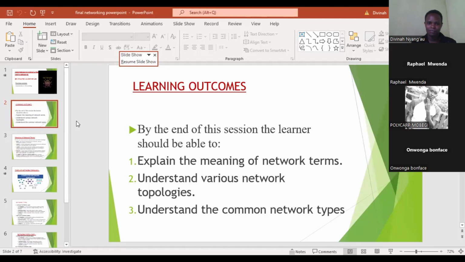We have a term known as a switch. So a switch is a device that connects different devices within a network area, and it uses packet switching to forward data to a particular device or computer. Excellent. Class, can you appreciate Boniface?